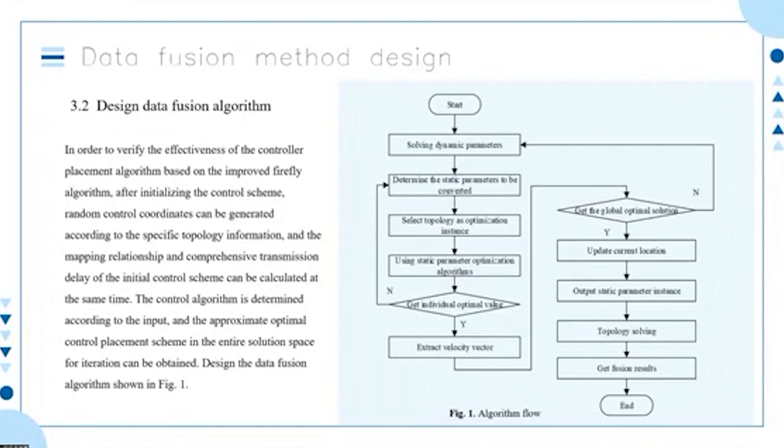The control algorithms is determined according to input and the approximate options controlled placement schemes in the entire solution space for the iterations can be obtained. Design the data fusion algorithm showed in Fig.